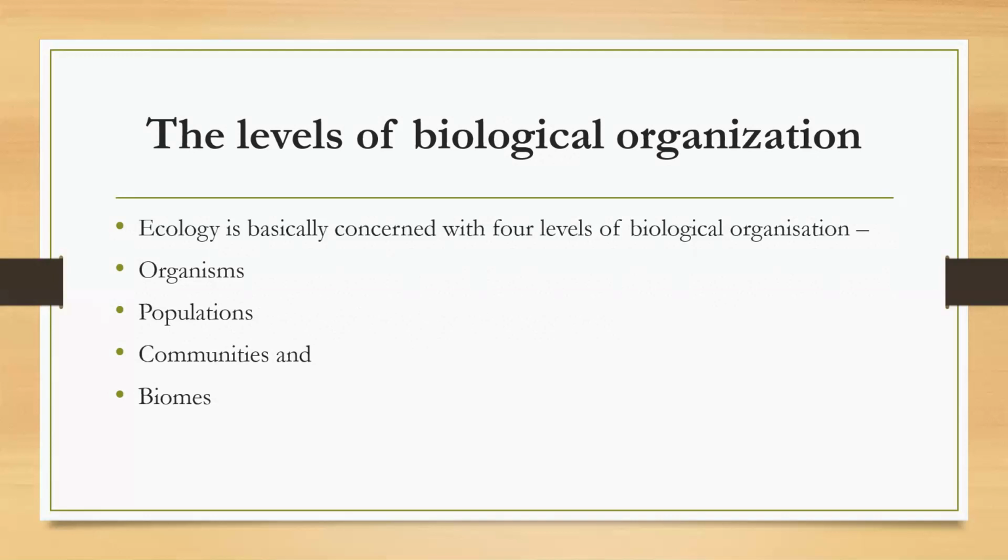But here in ecology, there are different levels of biological organization. The first one is the organismic level. This is a very basic one, and it is followed by the higher version, that is the population level, and the next higher level, that is the community level, and the largest one is the biome level.